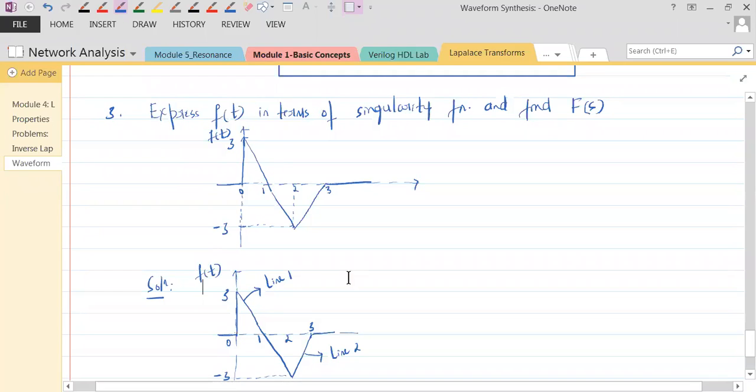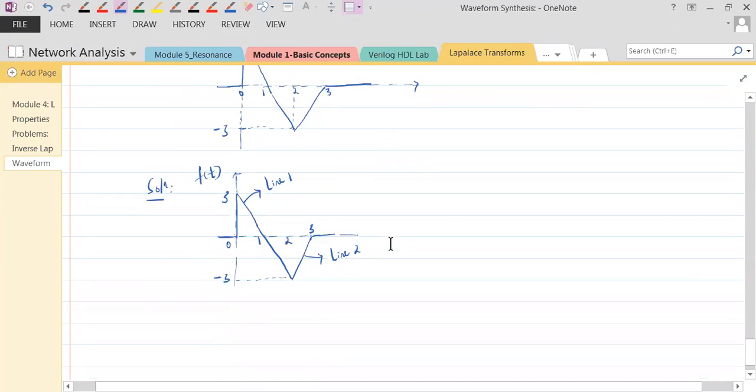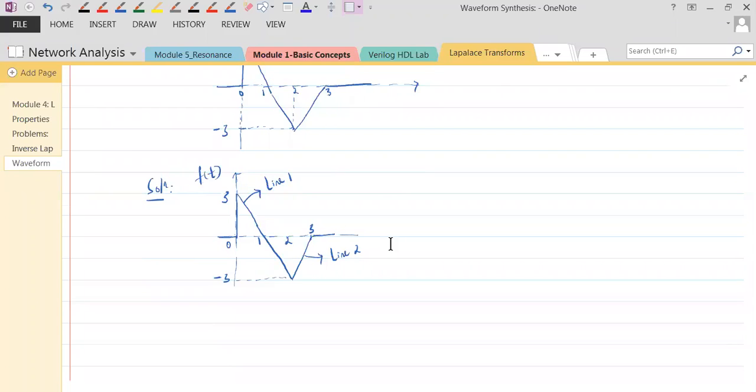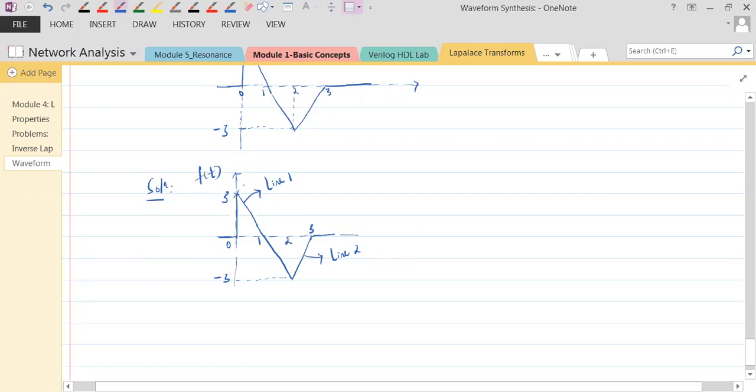Now see here, to find the expression for any line, you need to find at least 2 points on that line. So let's consider 2 points on line 1. Let's consider this particular point. The xy coordinates of this point: x-axis is 0, y-axis is 3. So it's (0, 3).